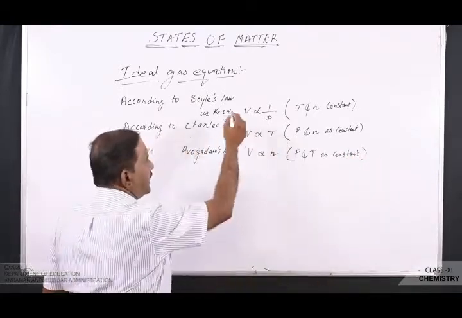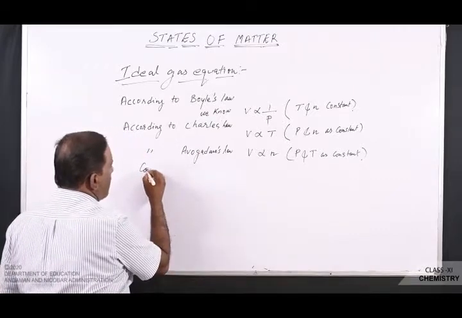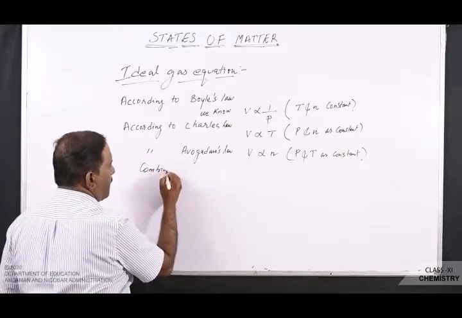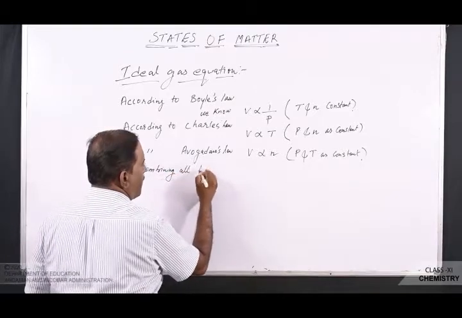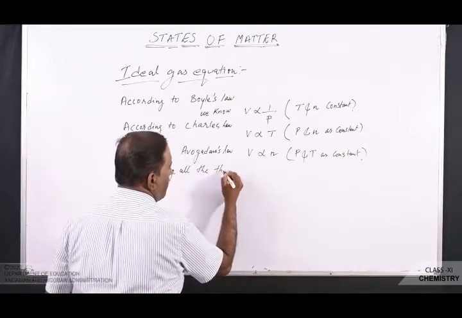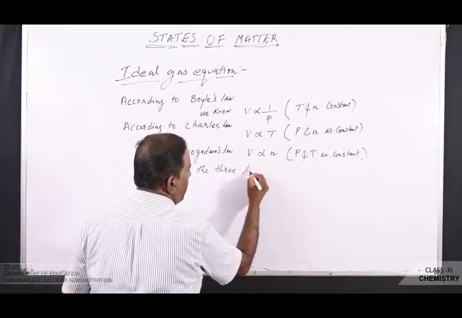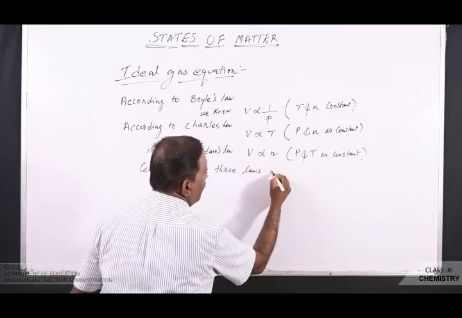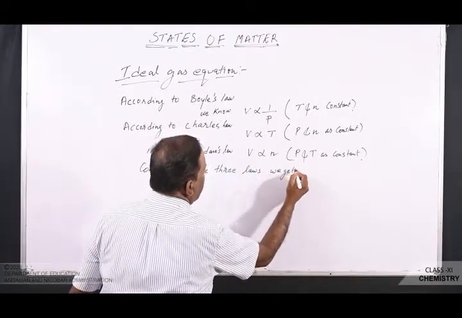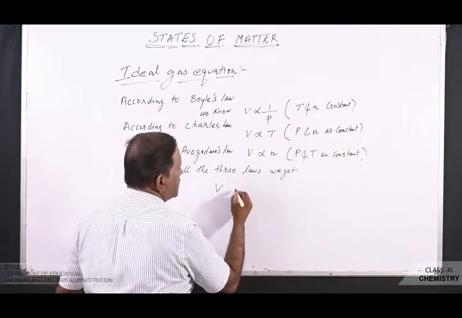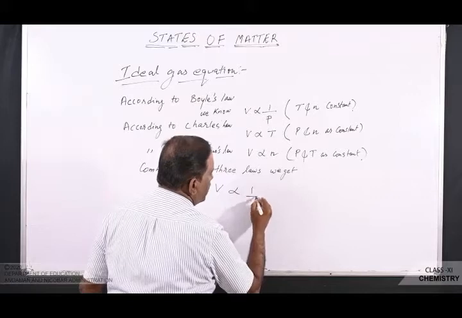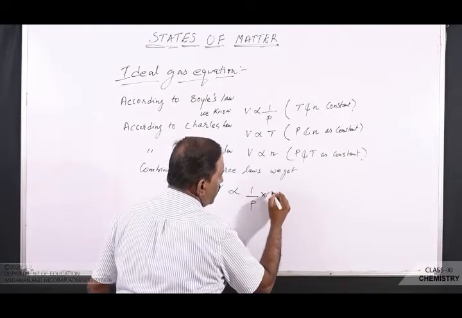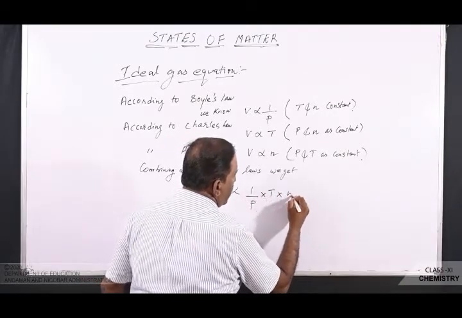So, combining all the three laws, we get V is proportional to 1 by P into T into n.